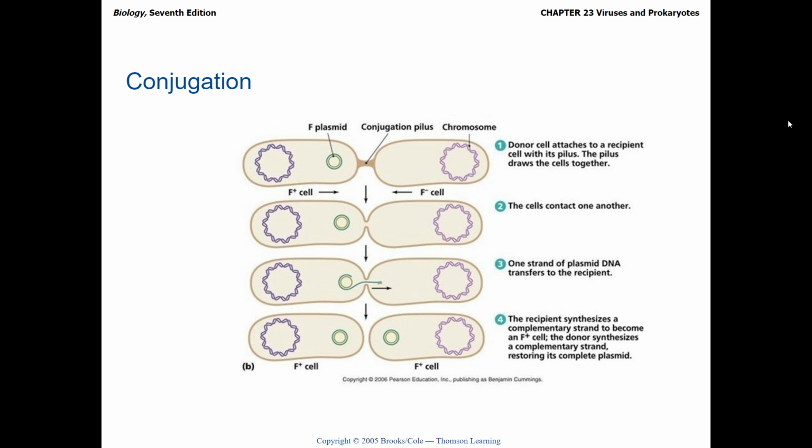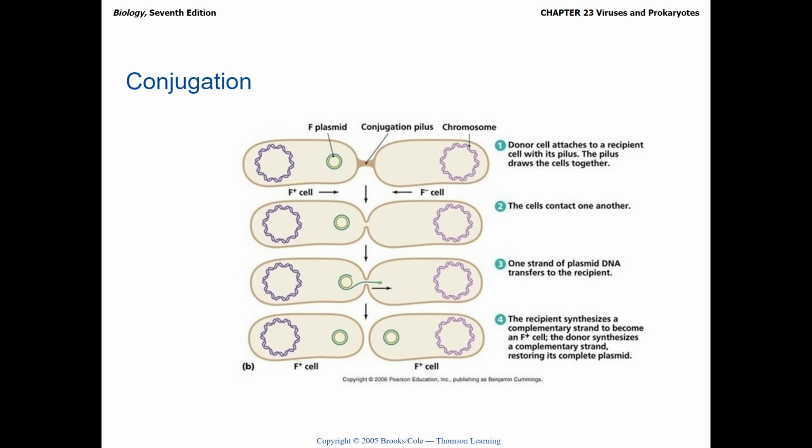Conjugation is when the donor cell sends genetic information to the recipient cell via a connection. So we see a donor cell attached to a recipient cell with a pilus. A conjugation pilus holds the cells in contact with each other. And then we see one strand of plasmid DNA transfer to the recipient.